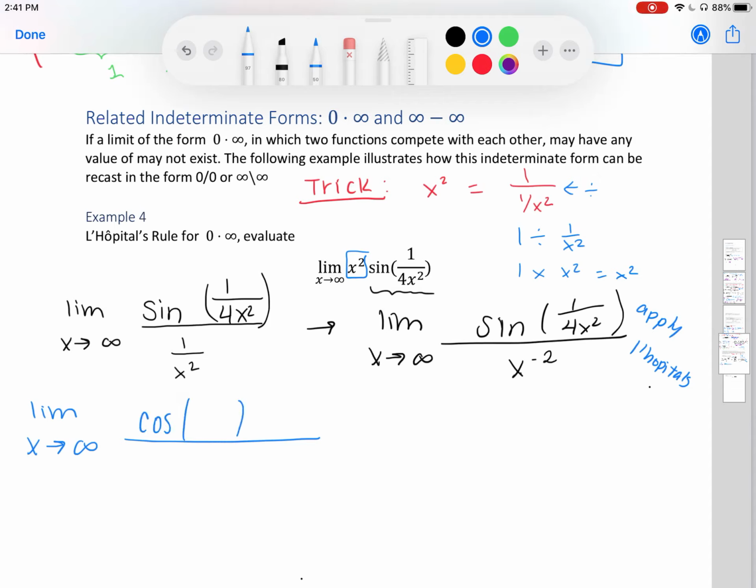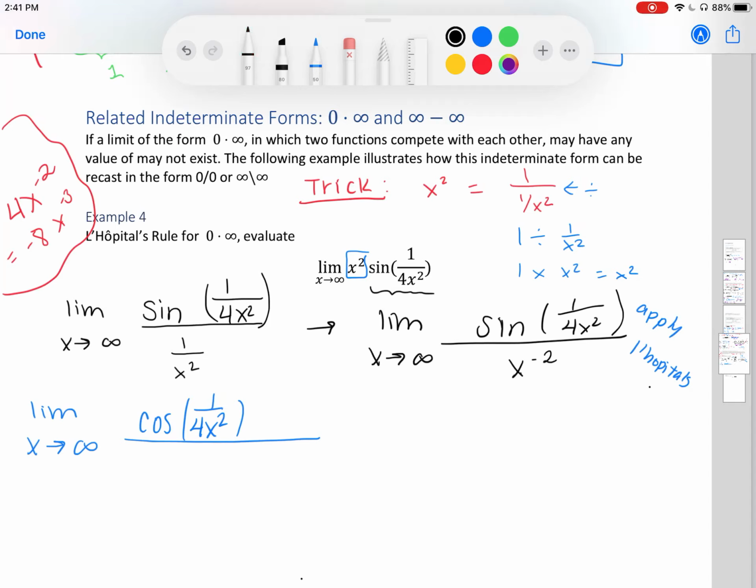We keep the same argument, 1 over 4x squared. Now let's take the derivative of the inside. If you like to, you can write some notes on the side. Think of that as 4x to the negative 2. If you take the derivative, it'd be negative 8x to the negative 3, right?